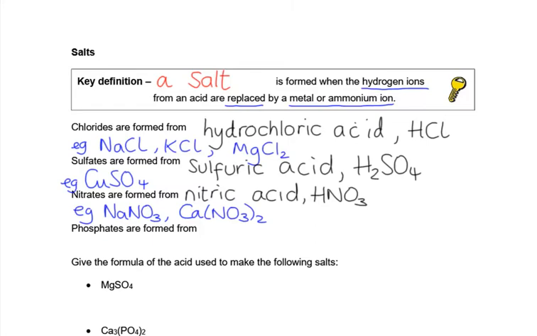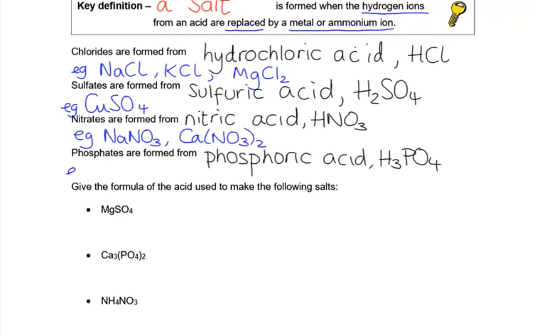And phosphates are formed from phosphoric acid, H3PO4, where we're replacing the hydrogens of phosphoric acid, the hydrogen ions, with metals. So if we replace it with aluminium, which is 3+, all 3 hydrogens replaced by 1 aluminium, 3 1+s is the same as a 3+.